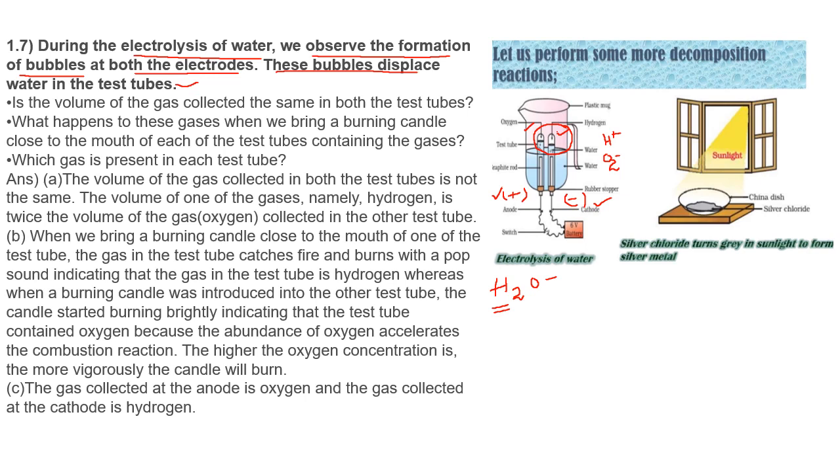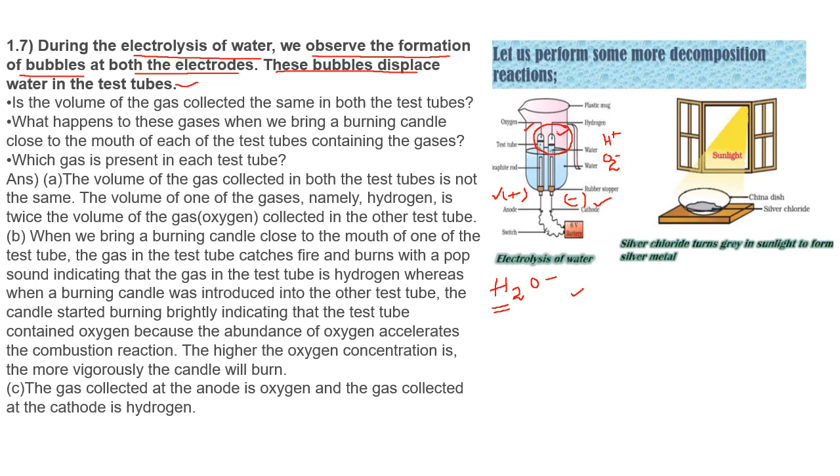Okay, other than that, we have another experiment. Now this type of experiment, again, it is a decomposition of water, and this is a decomposition of water with electricity, so we call it electrolysis of water also.